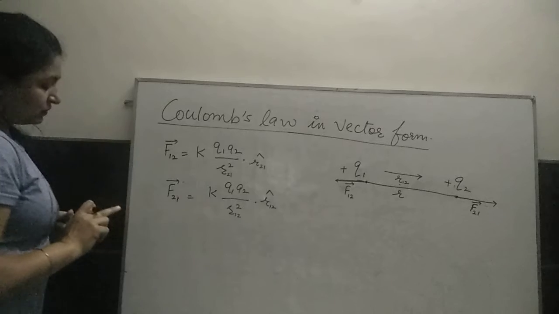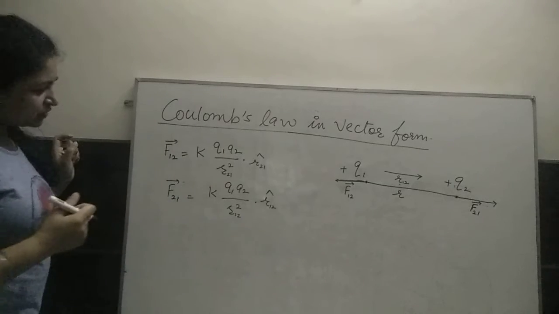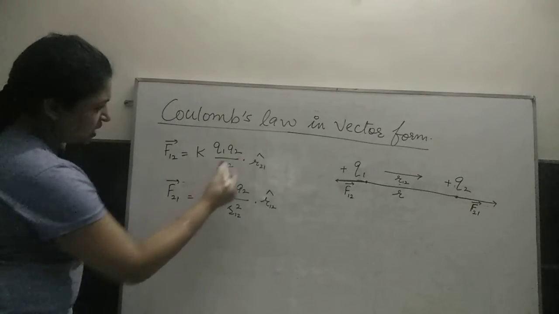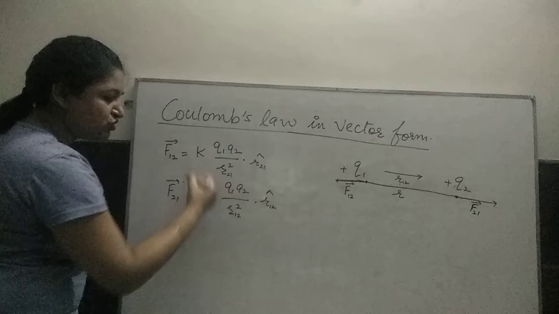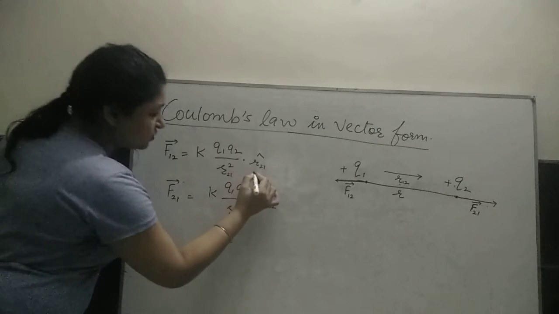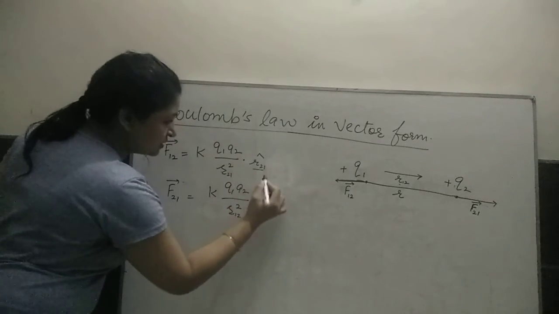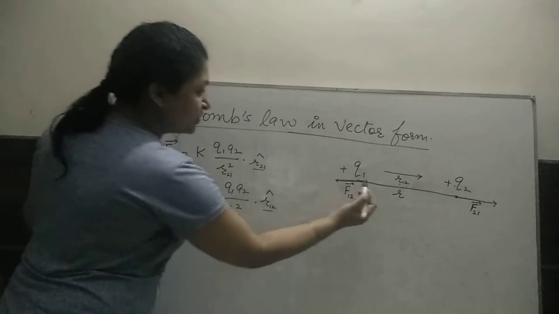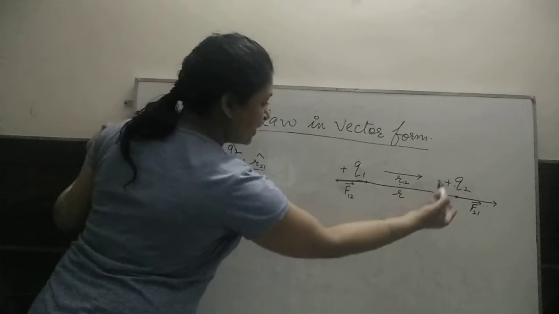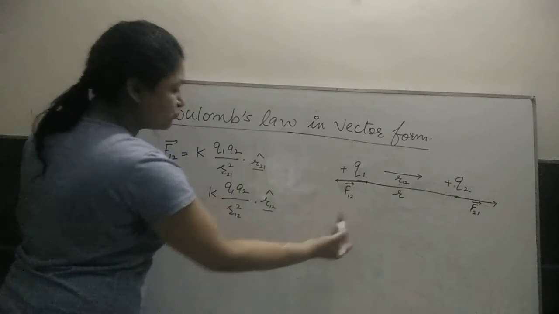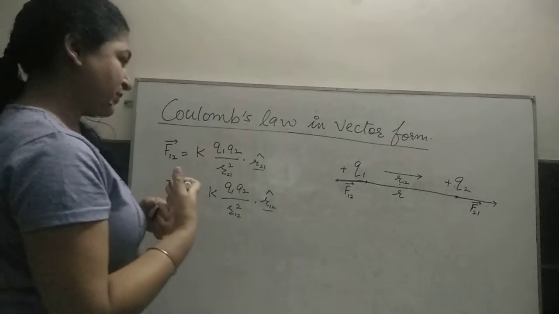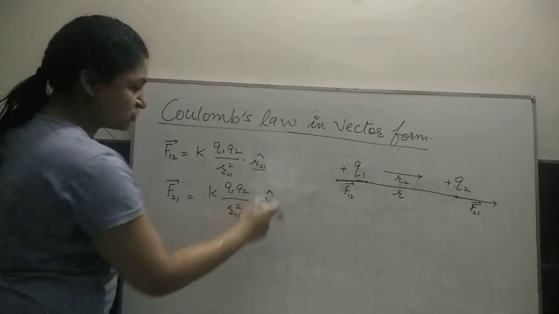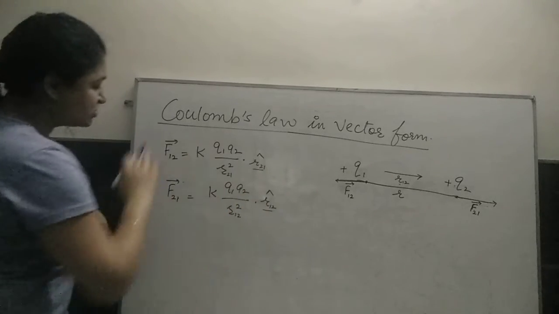Now, from these two equations, what we can conclude is that both of the forces are equal in magnitude. There is no difference in magnitude. The difference is only in the directions. You can see here, this is R21 and this is R12. R12 is in this direction from left to right and R21 is from right to left. So these two forces are opposite to each other, but the magnitudes are the same.